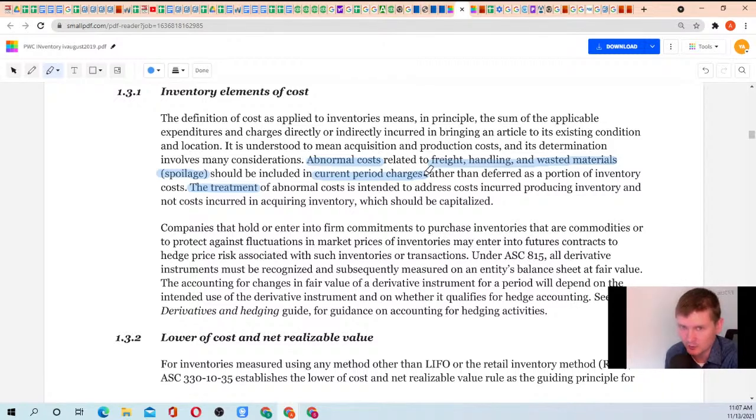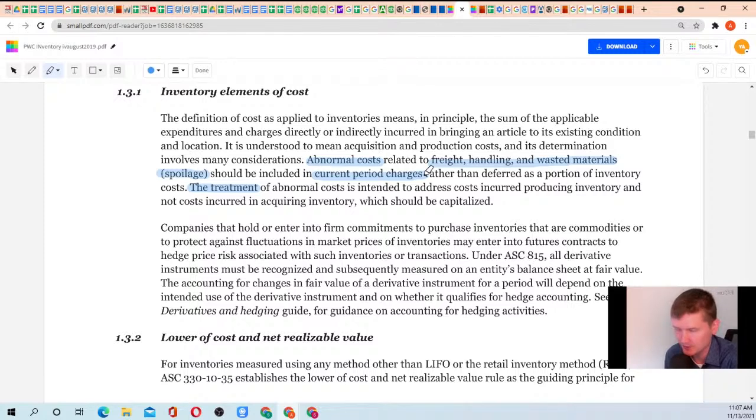Let's say you buy 100 mattresses from China and you need to discard one mattress: usually you just allocate your cost to 99 mattresses and write off one.